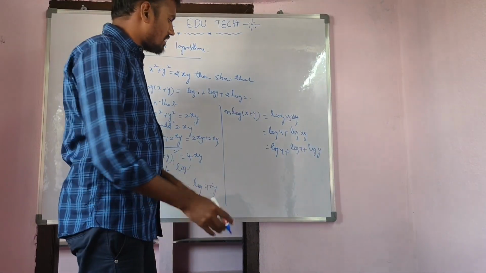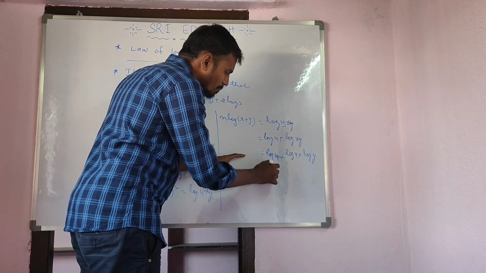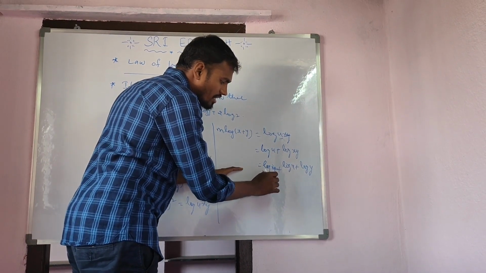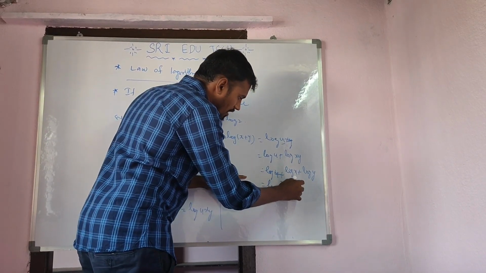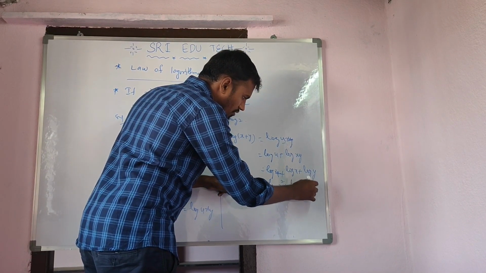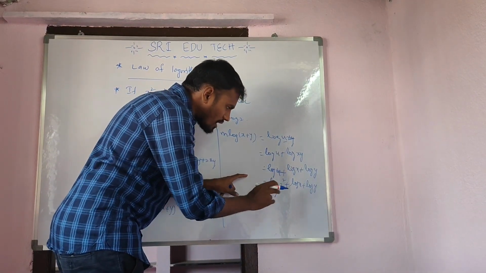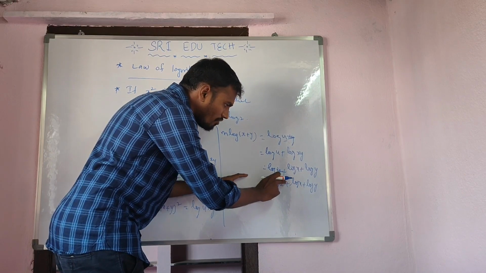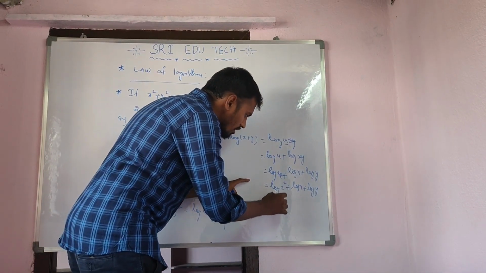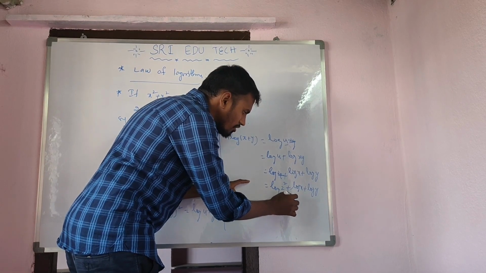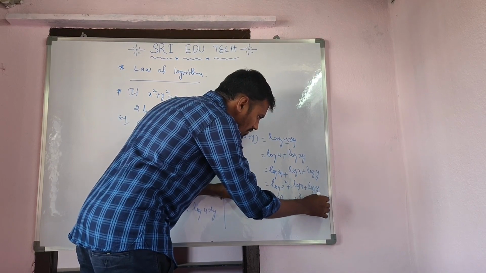Okay? Right. So see here you have 4, then 4 is converted into power form, written as 2 square, right? Plus log x plus log y. Okay, right. Then you have a formula log x to the power of m means m log x, no? Then m is 2, so 2 log 2 plus log x plus log y.